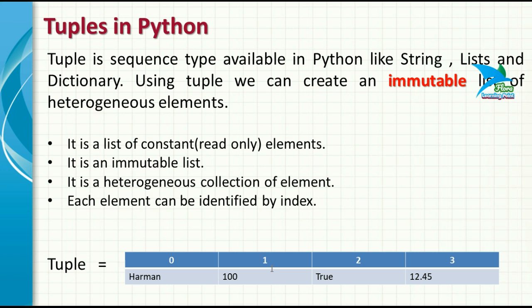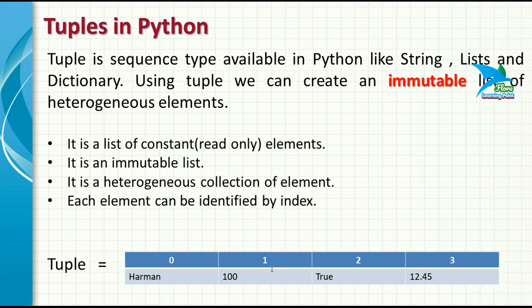The common features of a tuple are, first, it is a list of constant elements. Constant means a read-only data member. So you will be able to assign a value to a tuple, but you will not be able to change the value of that particular element. You can just read the value of that element stored inside a tuple.